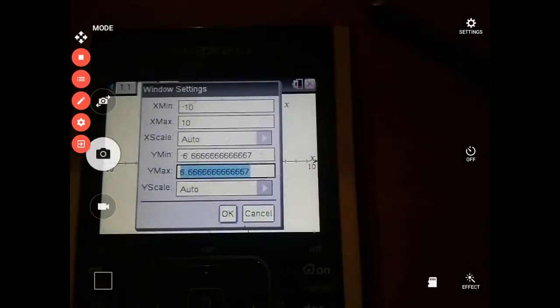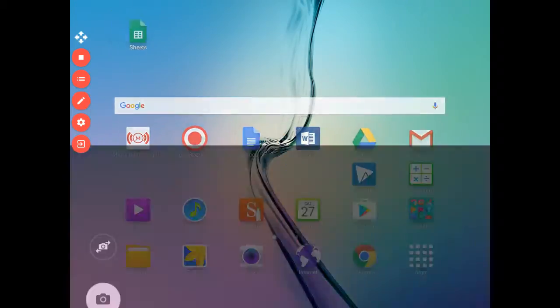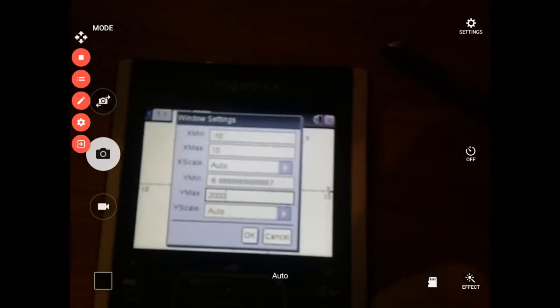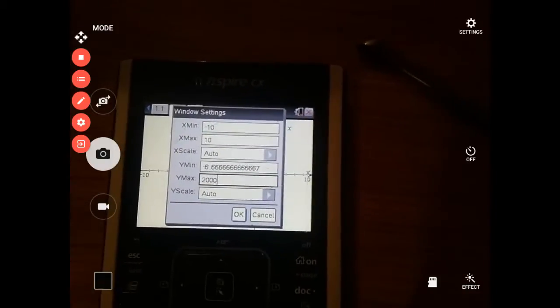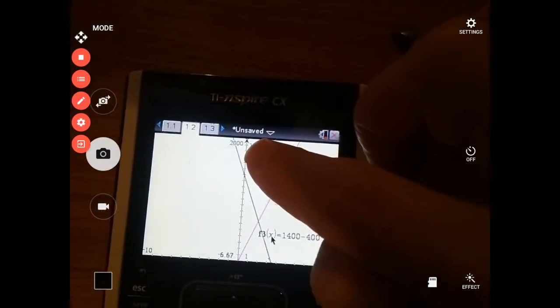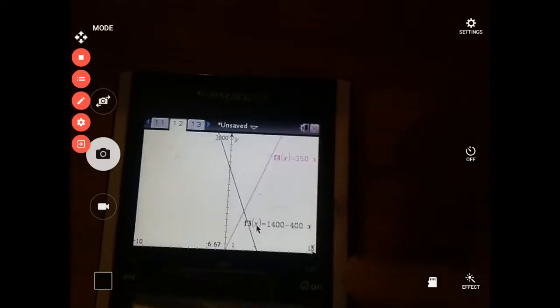So let's give us some space. Let's guess 2,000. Oh, it timed out on me. If I guess 2,000, the scale will auto adjust, not a big deal. So if I hit OK, oh, look what happens. See up here, my Y maximum went up to 2000.